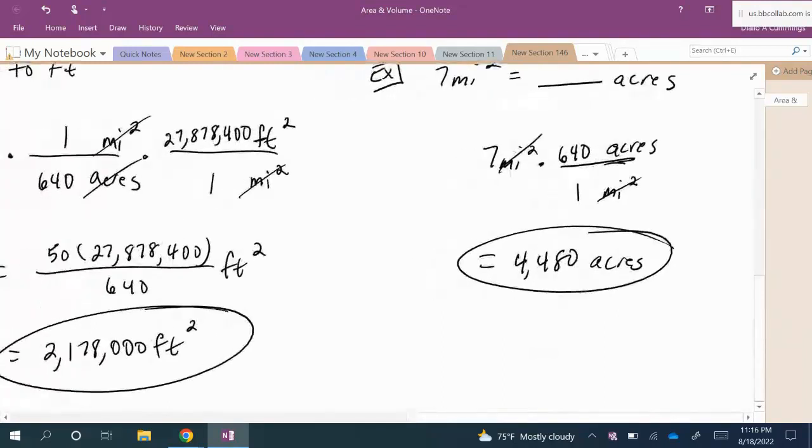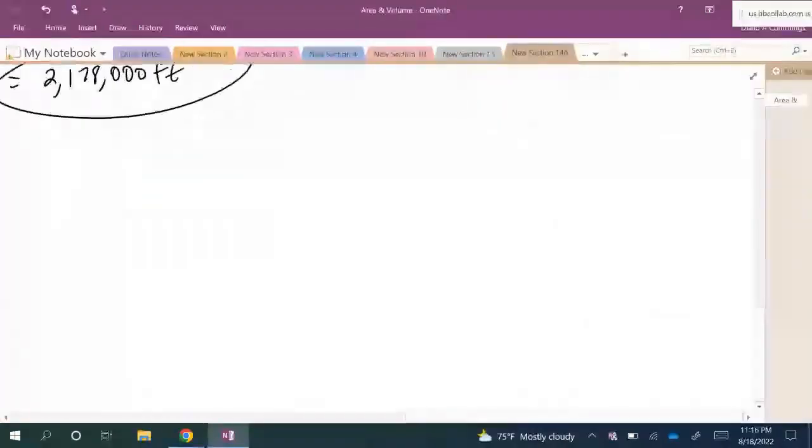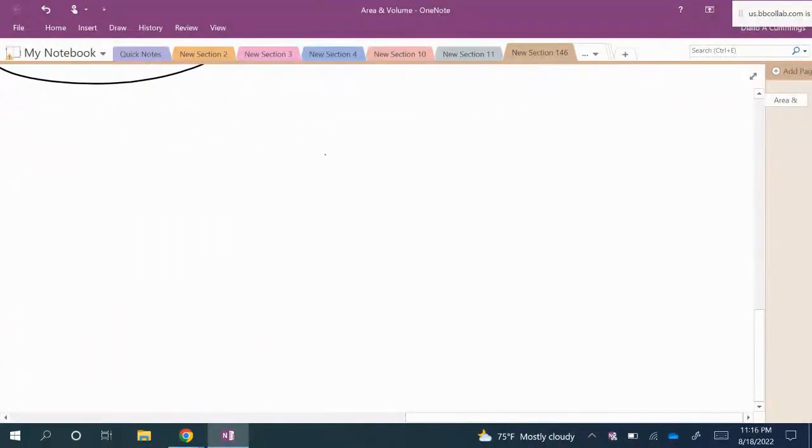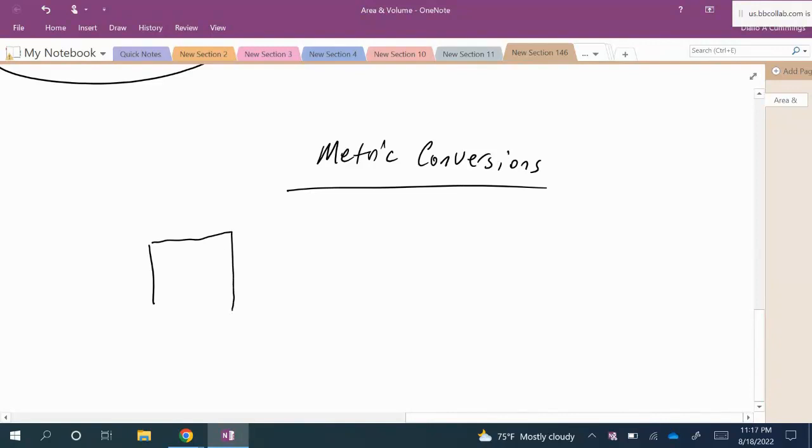Now we can also do the same thing with metric units. So for example, let's just suppose we have 1 meter and 1 meter.